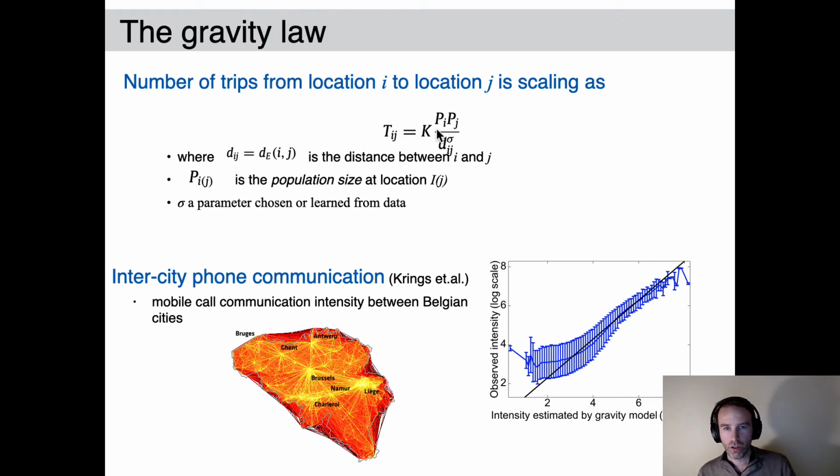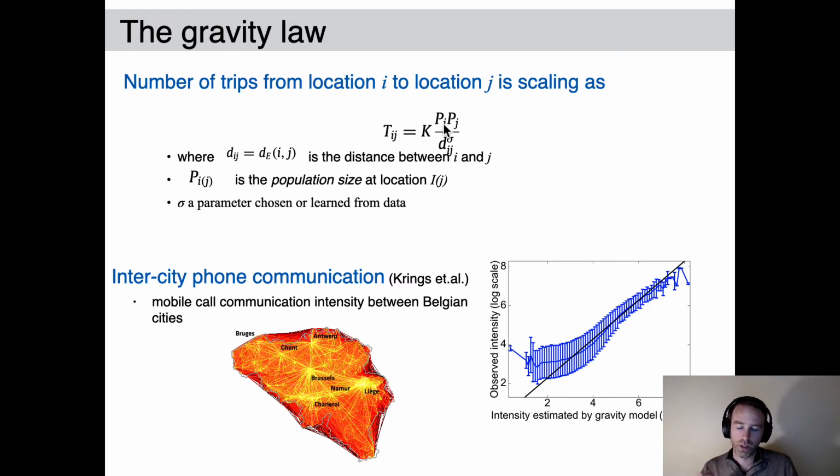So the population of the first one multiplied by the population of the second one, divided by a notion of distance to the power of a coefficient sigma, which is either chosen, typically with a value of 2, if we want to really scale with the original law of gravity, but it can also be fitted to be another value other than 2. And so you consider the population.